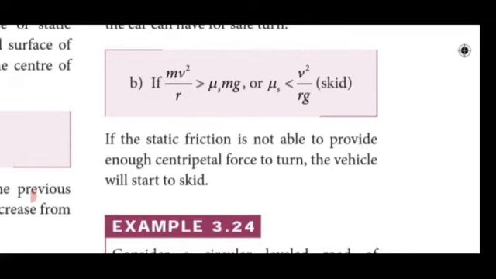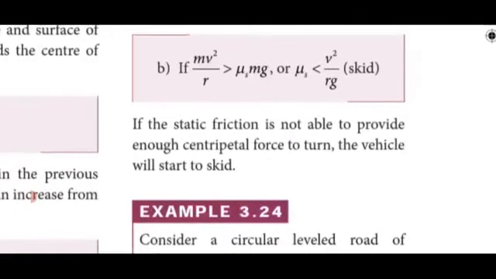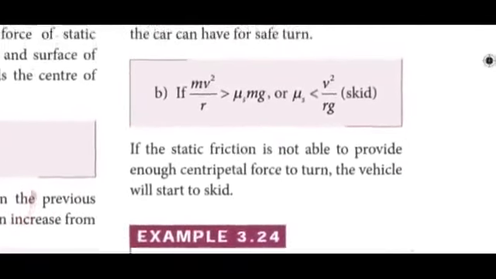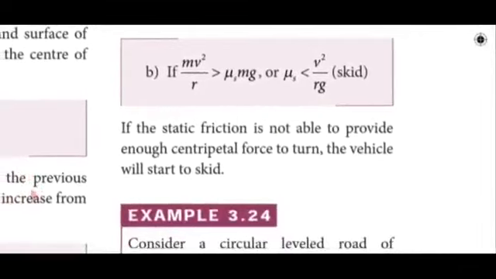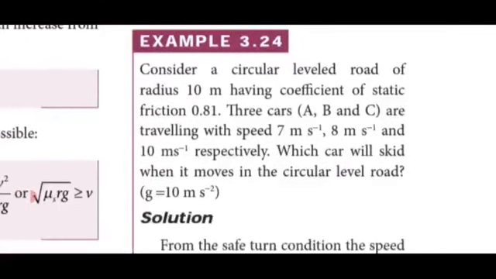Only if the static coefficient is more when compared to the speed will it turn safely. So these are the two conditions for static friction. Related to this, one problem is given here, that is example 3.24.